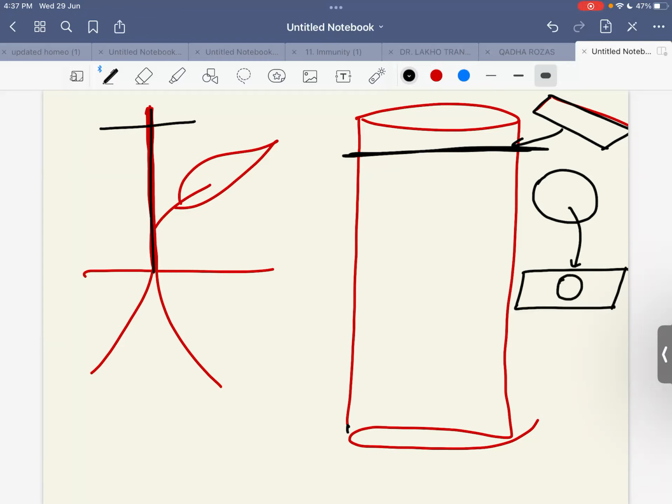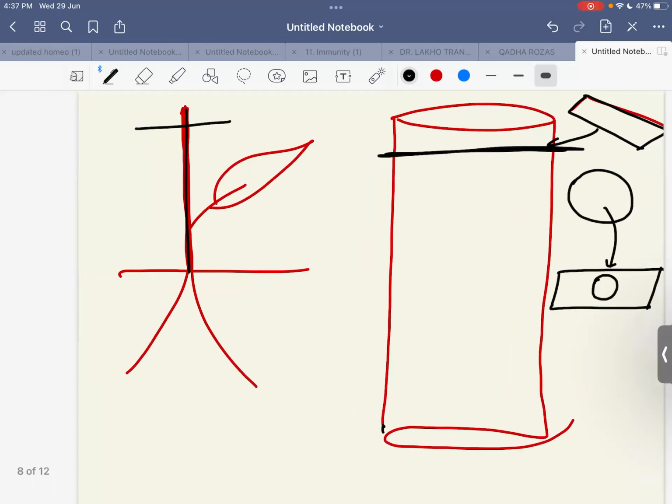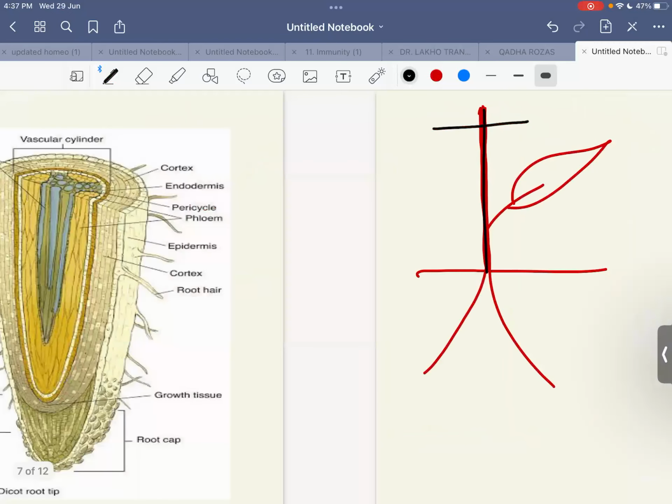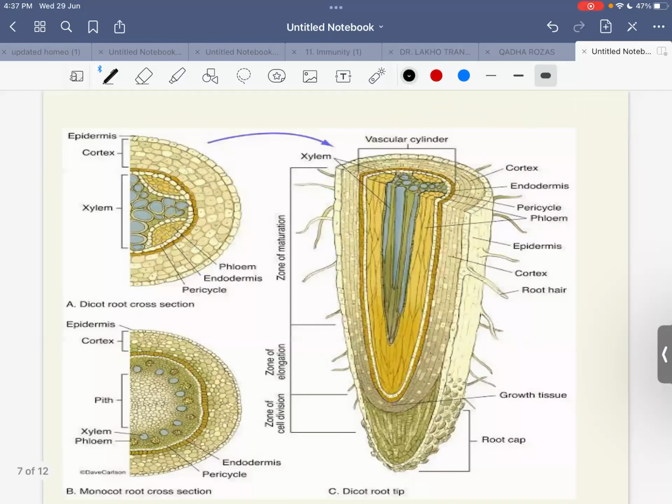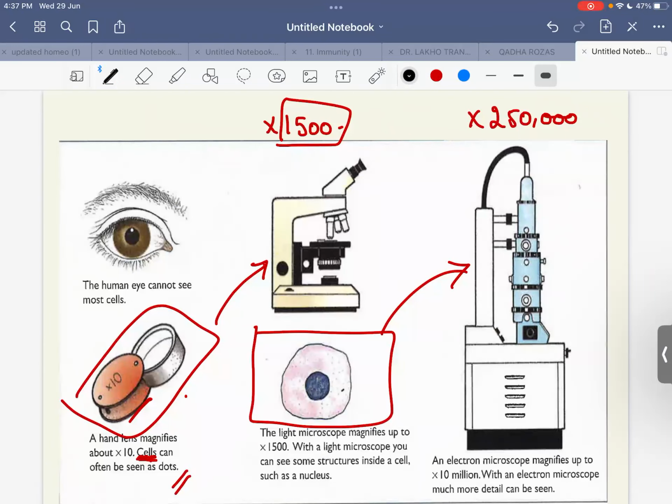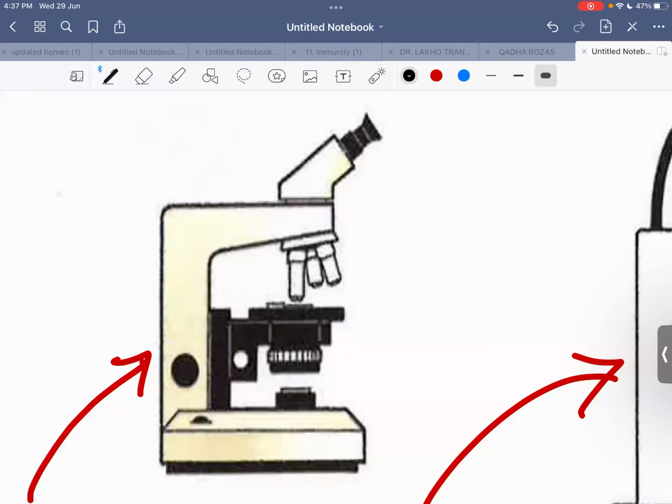And I'm going to lift it up and keep it on the microscope over here. Let me draw it. Let me just zoom into it. And now you can see this is my slide, and this is the section of the stem that I have taken, the thinnest possible section.